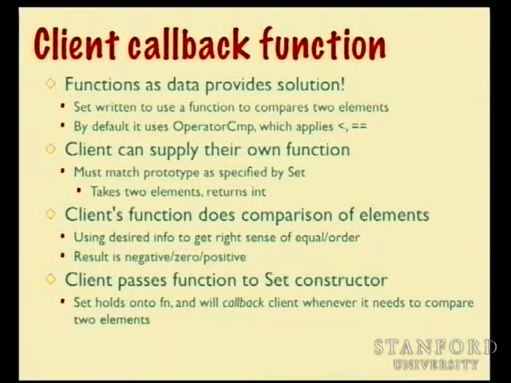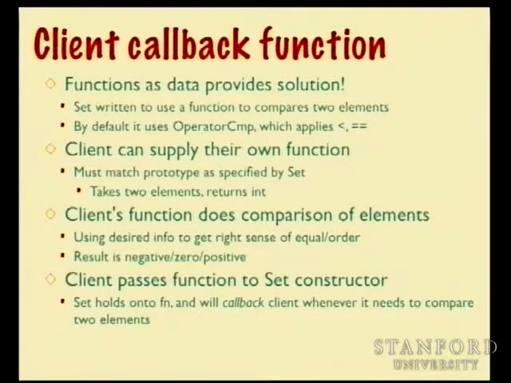So the client writes a function. If I want to put student T's into a set, then I need to say, when you compare two student T's, what do you look at to know if they're the same or how to order them? Maybe I'm going to order them by ID number. Maybe I'm going to use their first and last name. Whatever it means for two things to be equal and have some sense of order, I write the function, and then I pass it to the set constructor. I say, here's the function to use.